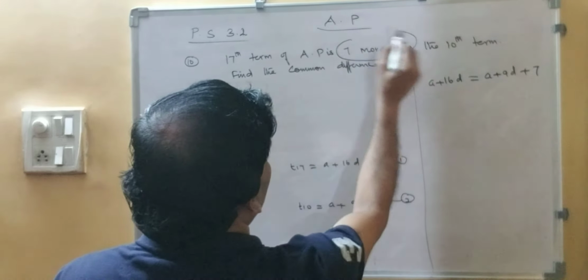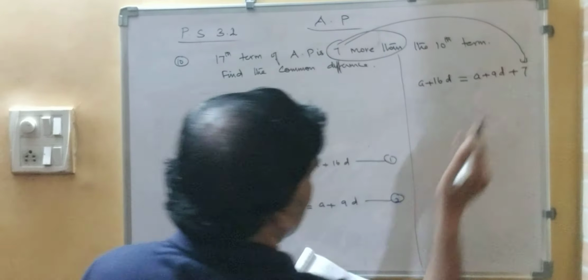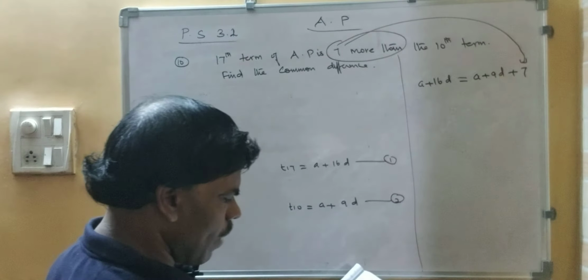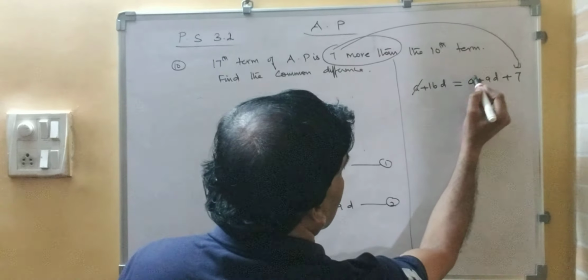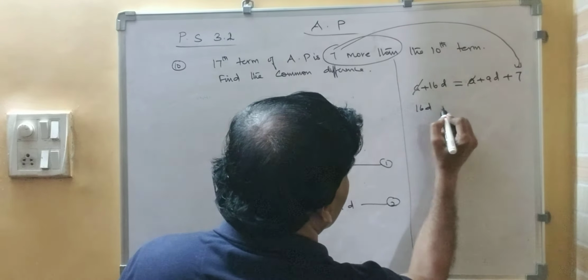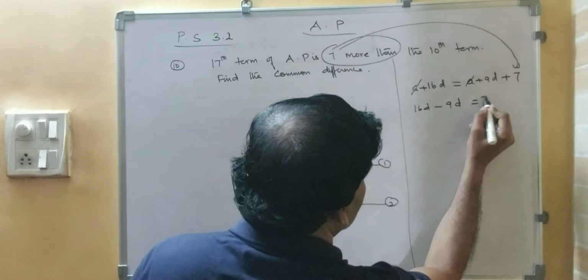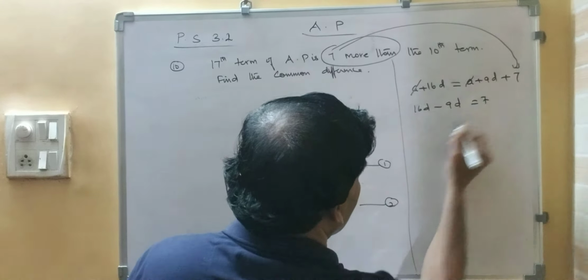See, 7 more than, so here we have added. So what will become, you tell me now, A will get cancelled. 16D minus 9D equal to 7. Therefore 7D equal to 7. Therefore D equal to 1. Therefore the common difference is 1.